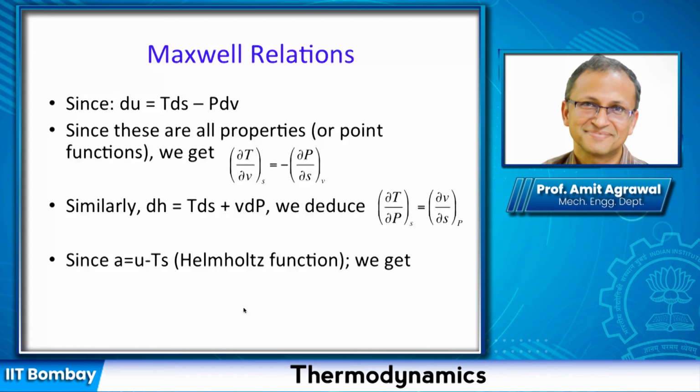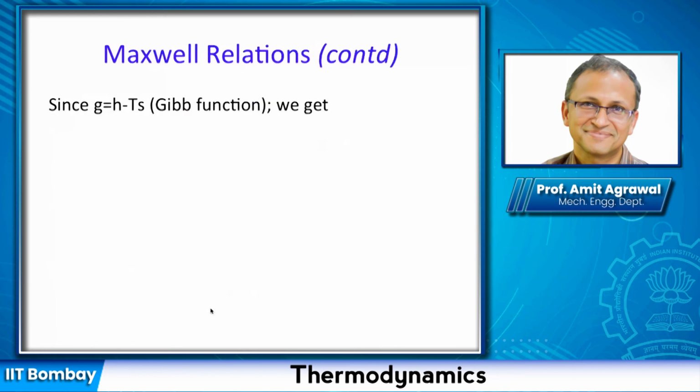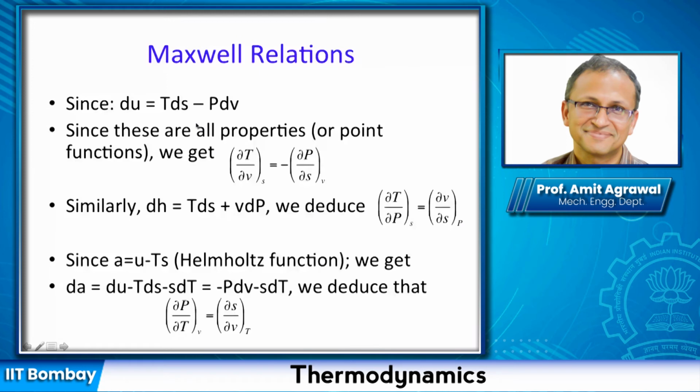So if you remember, we had Helmholtz and the Gibbs function. Gibbs function we had very briefly defined. We could also have defined a Helmholtz function as U minus TS. And then we can get from here dA is equal to dU, I mean this relationship again, which gives me minus PdV minus SdT.